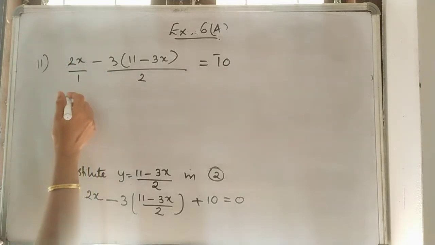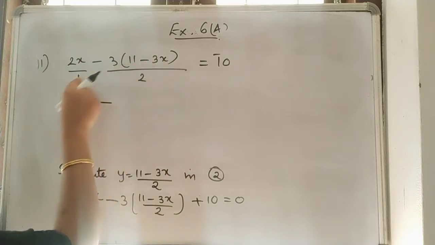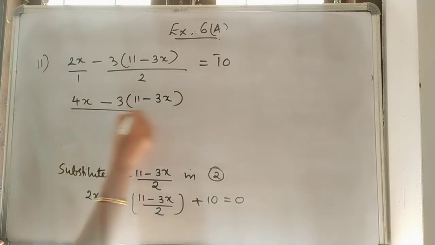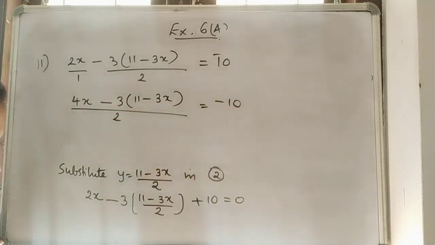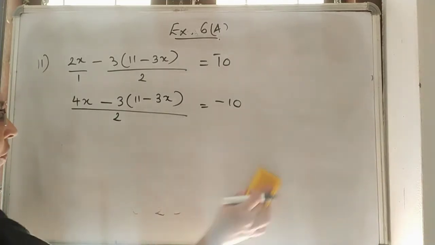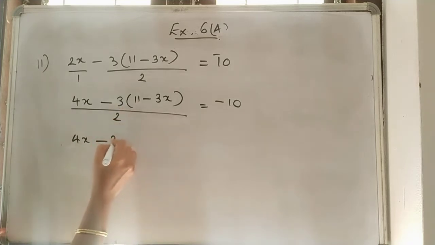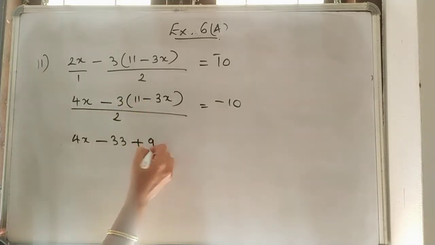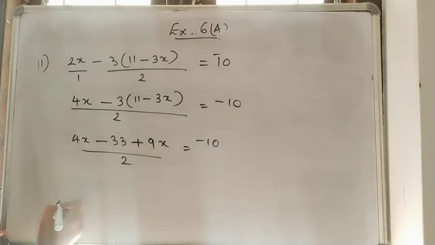If we take the LCM, we get 2 into 2x is 4x minus 3 into (11 minus 3x) divided by 2 is equal to negative 10. Changing the bracket, 4x minus 33 plus 9x divided by 2 is equal to negative 10.